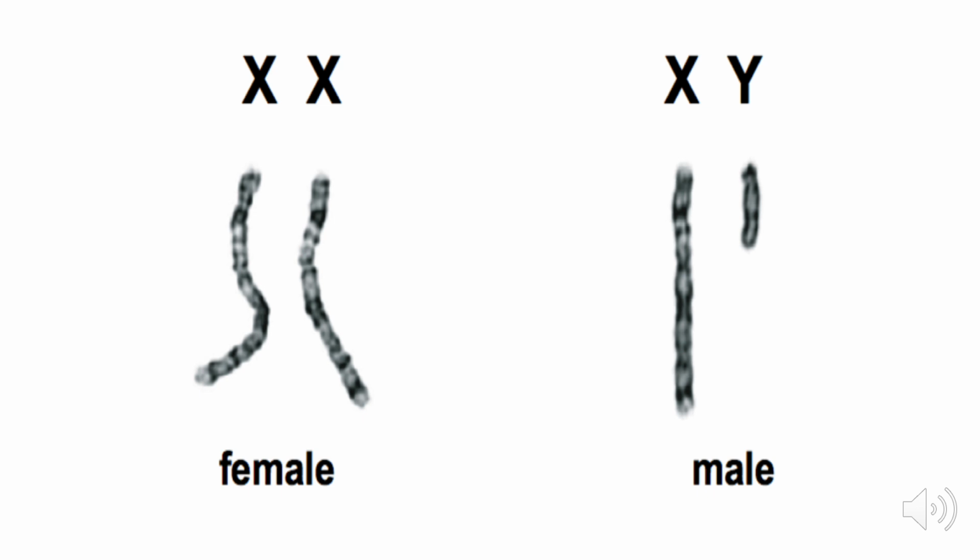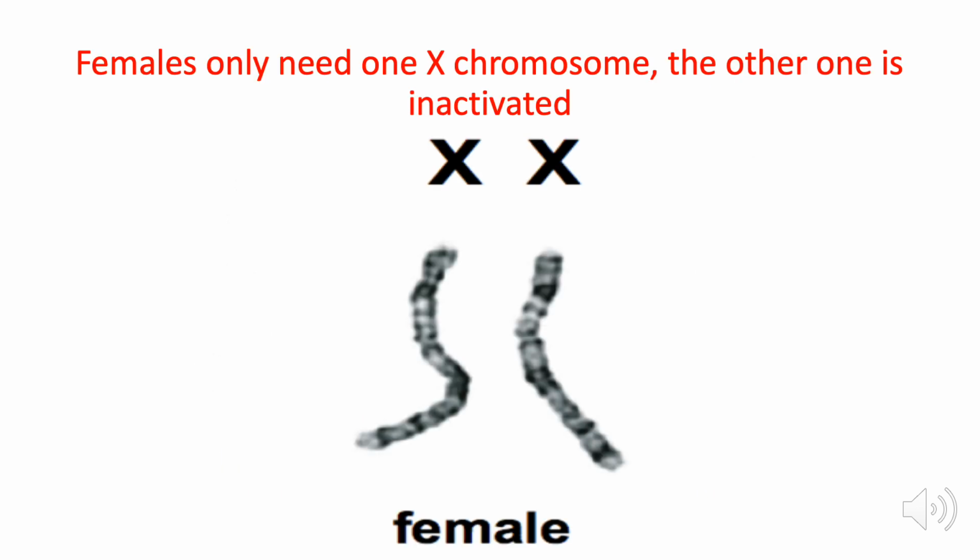Females have 2 X chromosomes, while males have 1 X and 1 Y chromosome. Please understand that females only need one of their X to be active. That's why one of the X chromosomes of female should be inactivated.